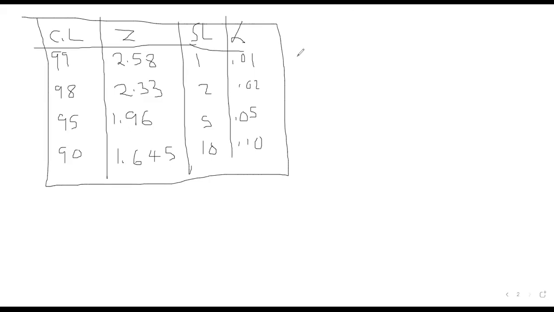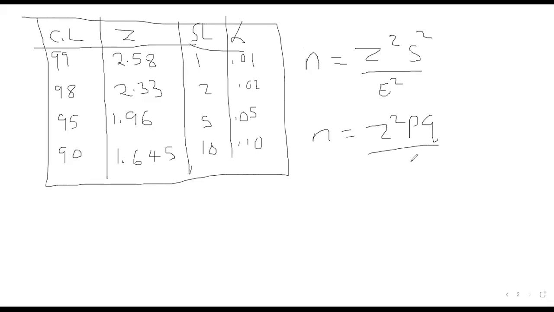All right. So sample size is given by two formulas: Z squared variance over the margin of error, and Z squared PQ over the margin of error. With the confidence interval, we have two formulas as well.